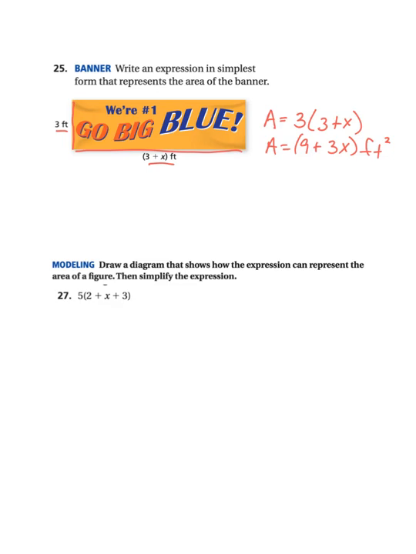All right, my next problem is similar. It says to draw a diagram that shows how the expression can represent the area of a figure and then simplify. So this will be kind of the same idea that we'll have one side of a rectangle, the width, that's going to be 5. It doesn't tell us what those units are, so it could be 5 inches, 5 feet.